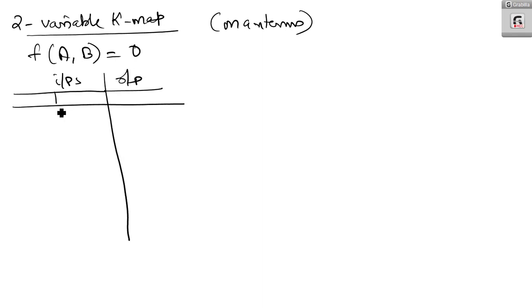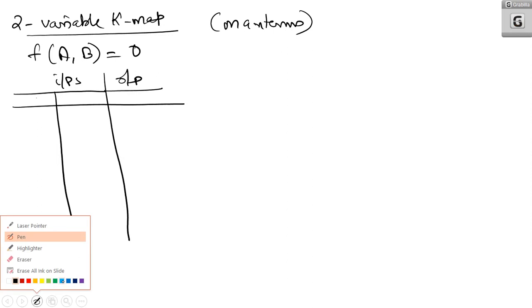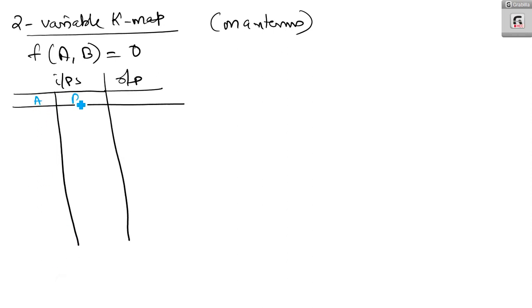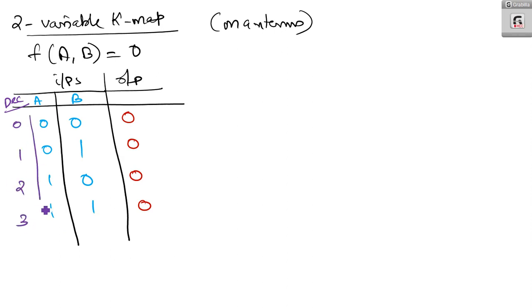Inputs are A and B, so I am writing it as 0, 0, 0, 1, 1, 0 and 1, 1. The corresponding output I am writing as all 0. Now to take the decimal equivalence, this is 0, 1, 2 and 3. These are the corresponding decimal equivalents. This is the function f.